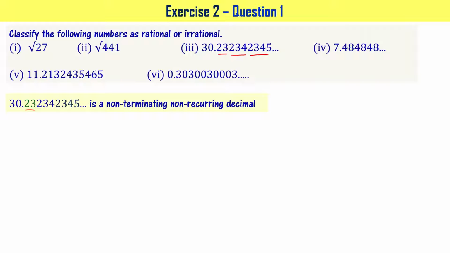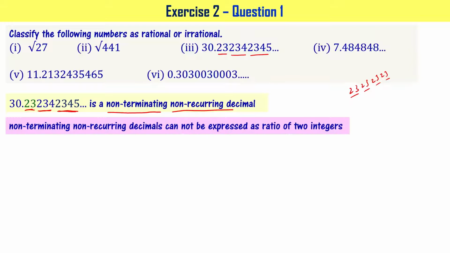That's why we say it is a non-terminating decimal, at the same time a non-recurring decimal. For example, if you have something like 23, 23, 23, 23, and so on, then you say recurring decimal, right? Whereas here there is no specific periodicity. Here it is 2 digits, and then you have 3 digits, then you have 4 digits. It is going on like that, right? For that reason, we say that it is a non-terminating and non-recurring decimal.